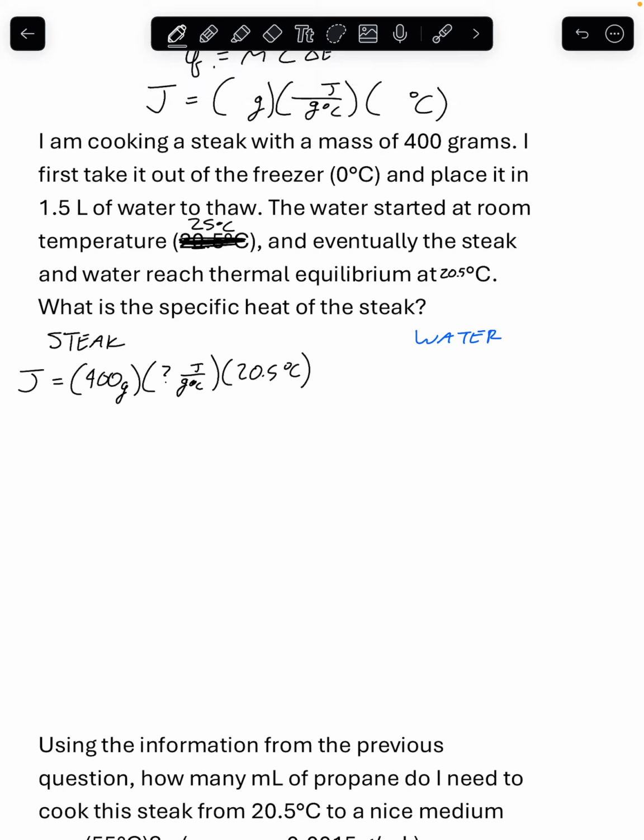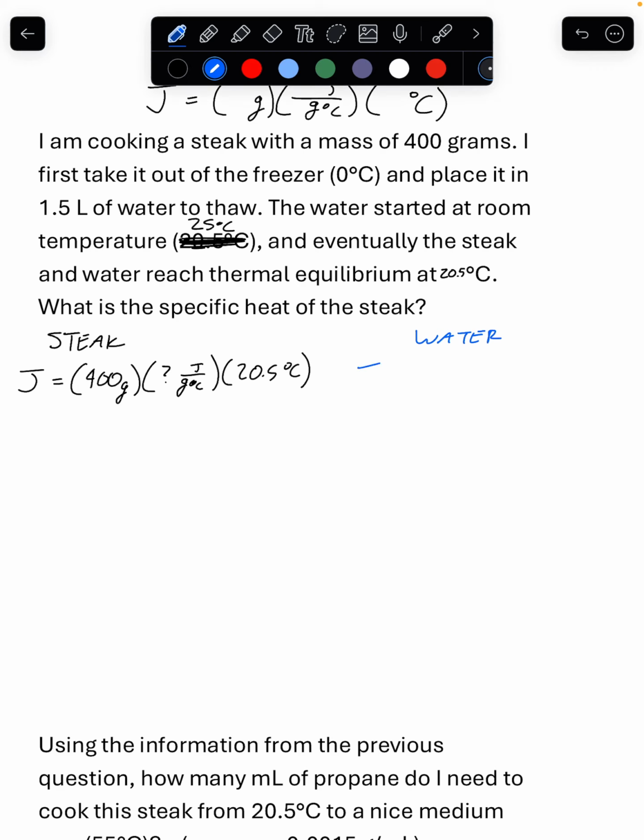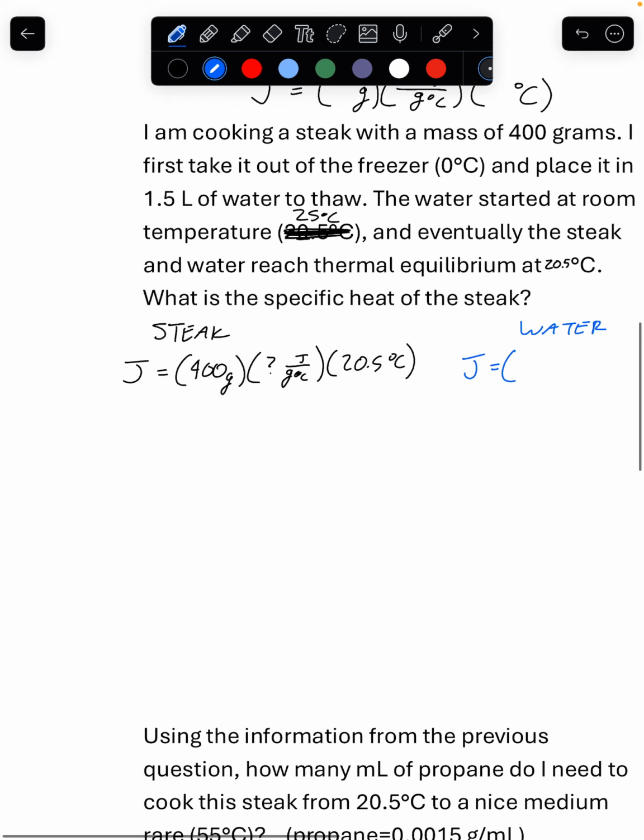Let's see if the water will tell us anything different. I don't know how much energy was related to the water or what happened, but I do know the mass because I was told I have 1.5 liters. I can convert that pretty quickly to milliliters by just moving that decimal over 3 places.